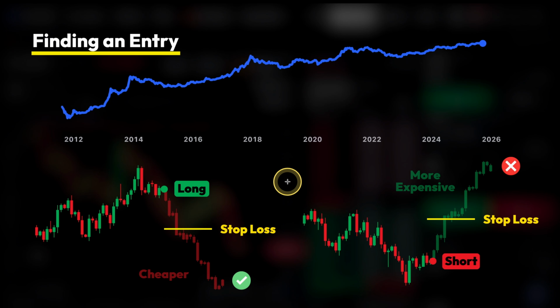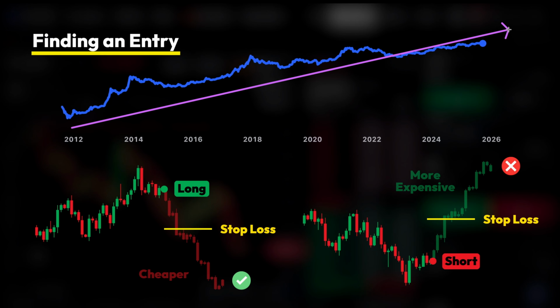Next question: is it better to go long or short? If you believe in Bitcoin long term, it's generally somewhat better to go long than short. And the reason for that is, on the one hand, because Bitcoin tends to move upwards more strongly than downwards in the long run. We have roughly 3 years of rising prices and 1 year of falling prices.